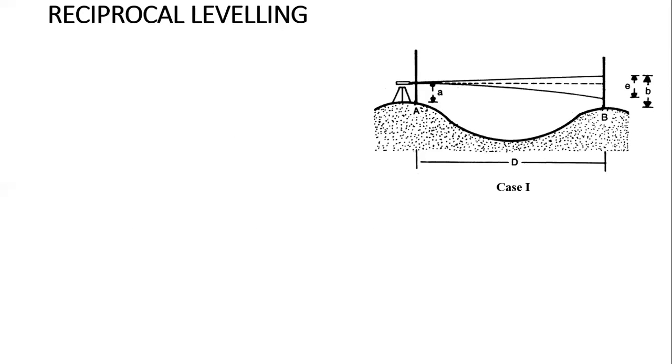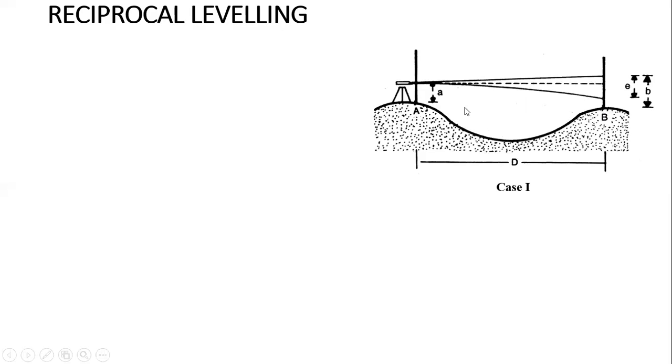So what is this reciprocal leveling? Let us discuss this with the help of a sketch. You will see on your screen. Suppose that we have a point A here and B here, situated on the opposite banks of a large river, and the 2 points are at a distance D apart, and this is your river here. It is not possible to set the instrument midway between the 2 points for balancing the sides.